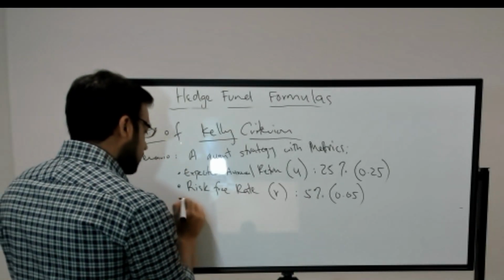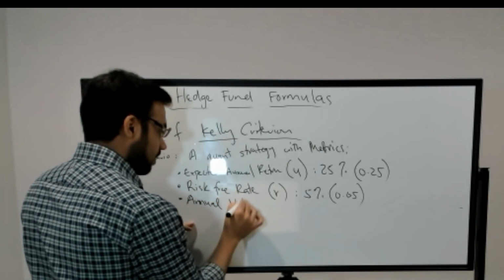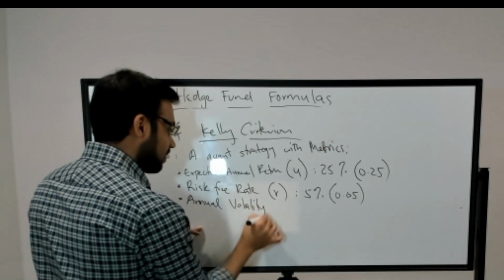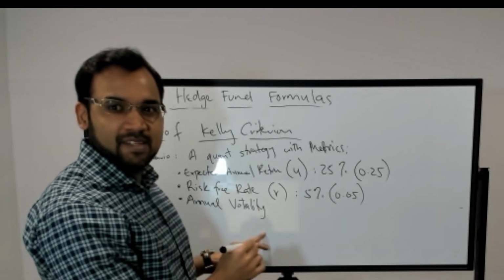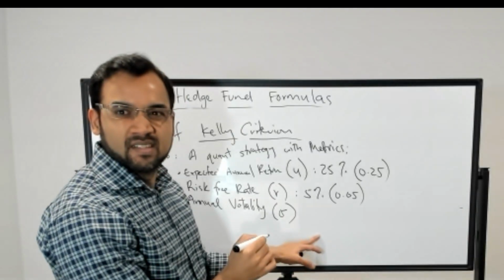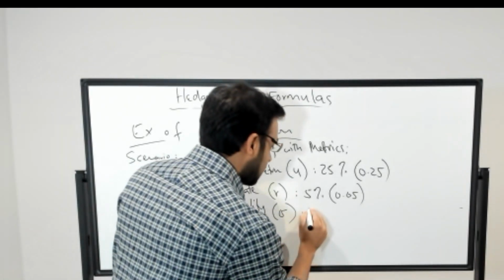Your annual volatility, represented by sigma, is 30%.